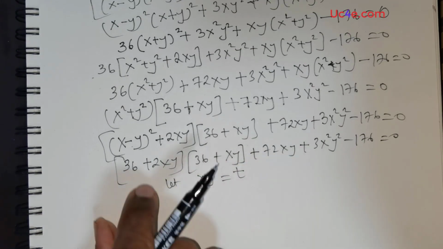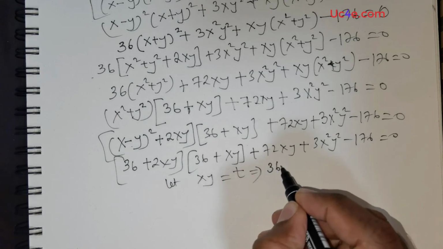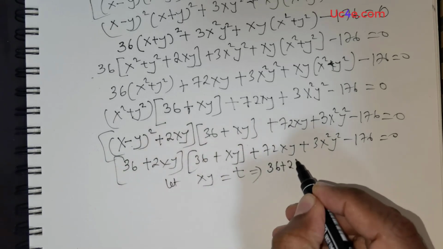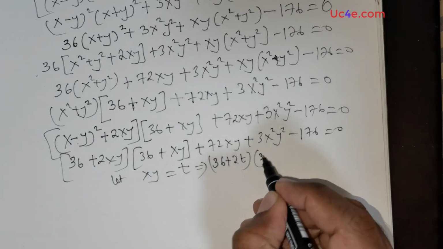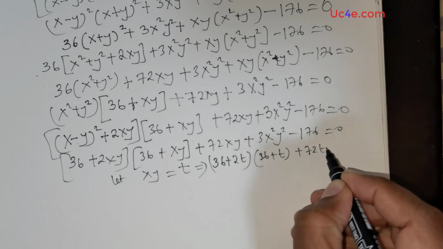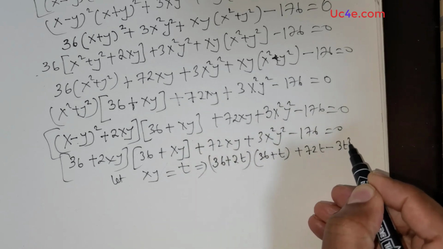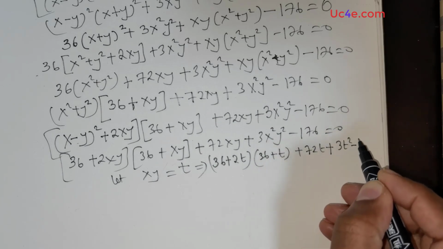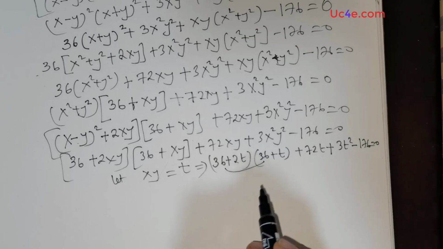Now what I wish to do is take xy to be equal to t. If I were to do this, this would give me 36 positive 2 times t, times 36 positive t, positive 72t, since xy is t. So this is going to be 3 times t squared with a positive sign, followed by negative 176 is equal to 0. Now let me distribute this.